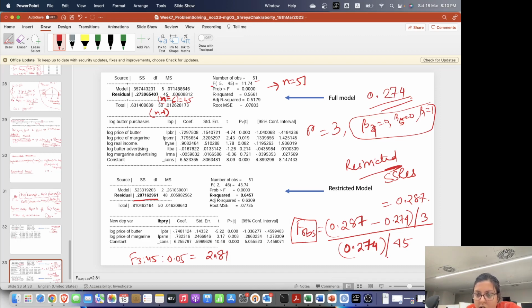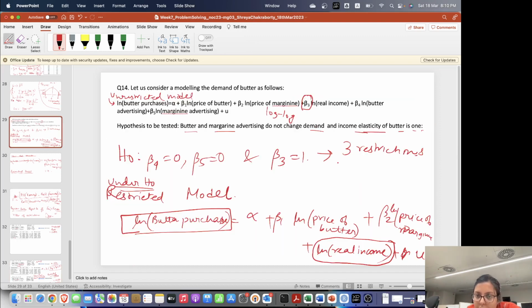This will be something around 0.7. Since F observed is less than F critical, we do not reject H naught. And if we do not reject H naught, we conclude that beta 4 = 0, beta 5 = 0, and beta 1 = 1, that is, the income elasticity is 1 and advertising does not change the demand for butter.